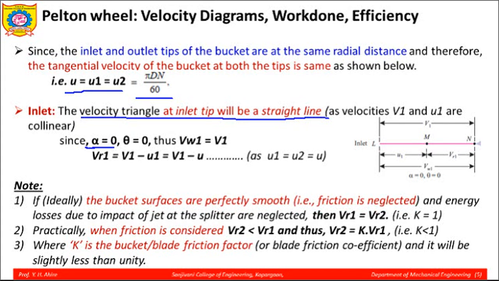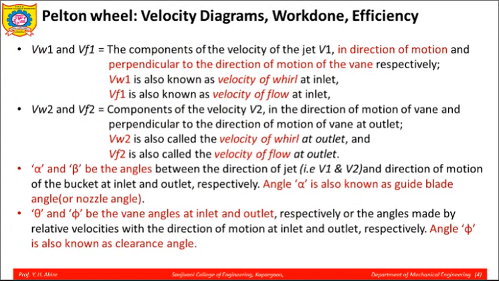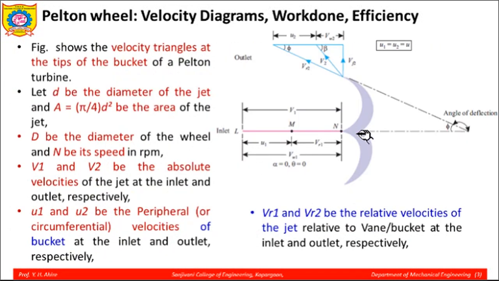Now, why is alpha made 0? The bucket is designed in such a way that the water should enter exactly tangentially at the inlet tip. So this is the inlet tip here. The splitter edge is made as a sharp edge, so that the water enters very smoothly at the splitter edge at the inlet tip.